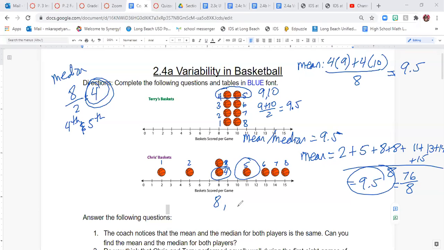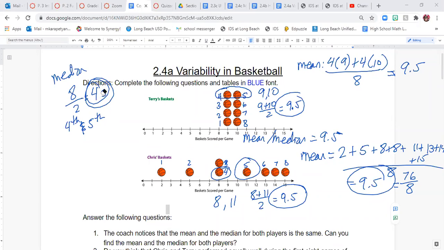The 5th data point has a value of 11. So 8 plus 11 divided by 2 is again 19 over 2, which is 9.5. Either way, we got our means and our medians. We averaged these two because we had a whole number as our middle point, which meant that we have 4 on one side and 4 on the other side. If we had a decimal, like a 4.5, then we just look at the 5th number.